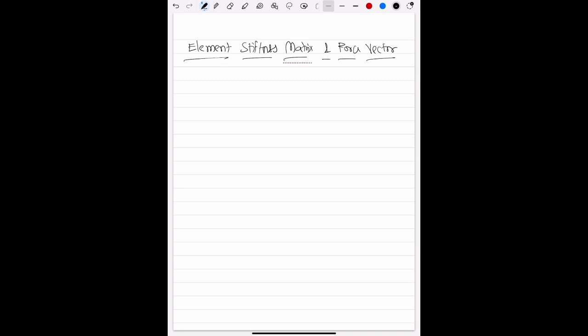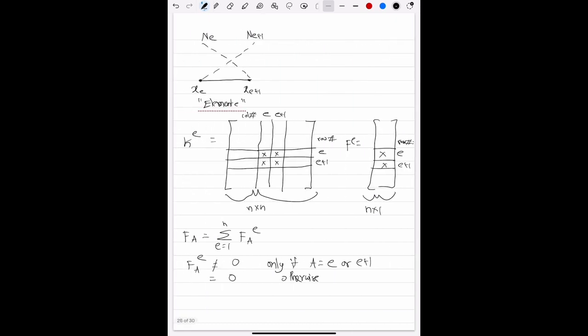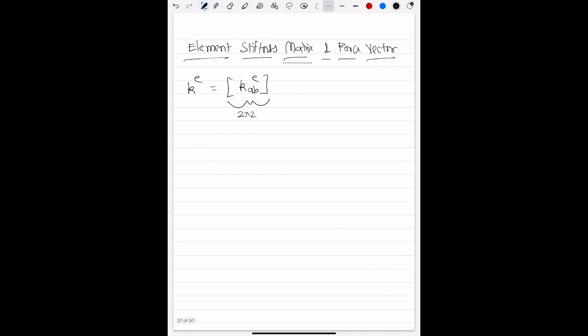The element stiffness matrix, denoted by small k^e, is defined as k^e_AB, which is a 2 by 2 matrix corresponding to these four non-zero entries. And here A and B refer to the local description of the element, and hence A and B take values of either 1 or 2.